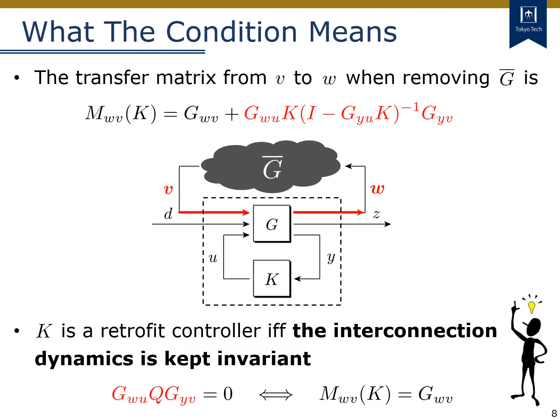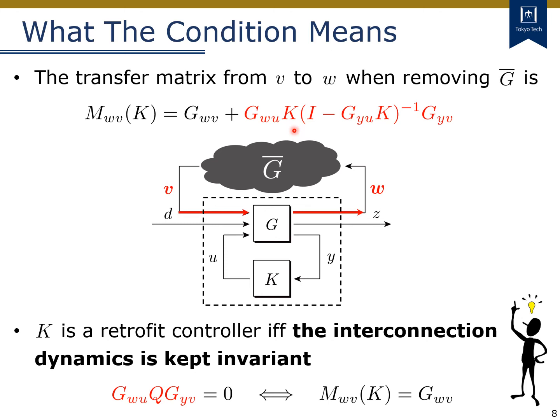Here, I explain the meaning of the derived condition. To do this, let's consider the transfer matrix from B to W here when removing G bar, which corresponds to the interaction dynamics with the environment. Then, such a transfer matrix is obtained like this, where K is not necessarily a retrofit controller.